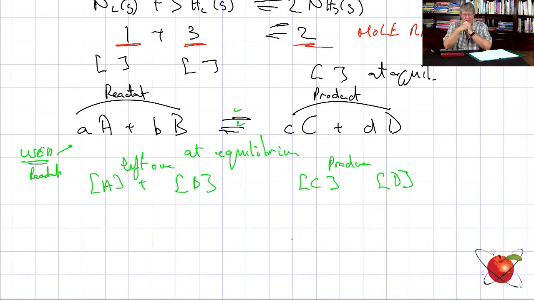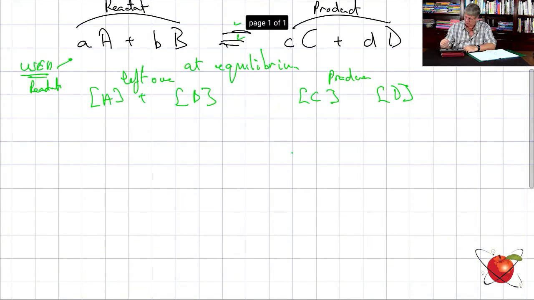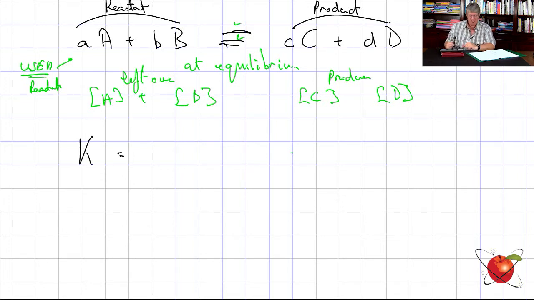Now, at this point here, we have got something that we call the equilibrium constant, and I am going to call it K. You might see in some of your textbooks K forward, K reverse. Just for the timing, let us just define K. K is a number.